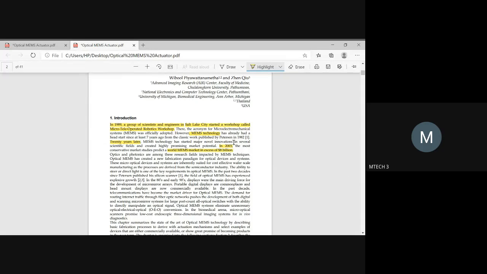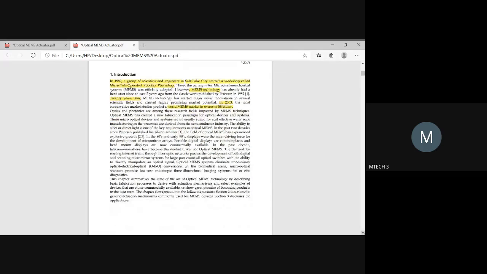This was a demand, a new thing which was established, and it was at a saturation point with respect to the market level also. Then people realized the importance of MEMS, and how it could be implemented in other fields as well.